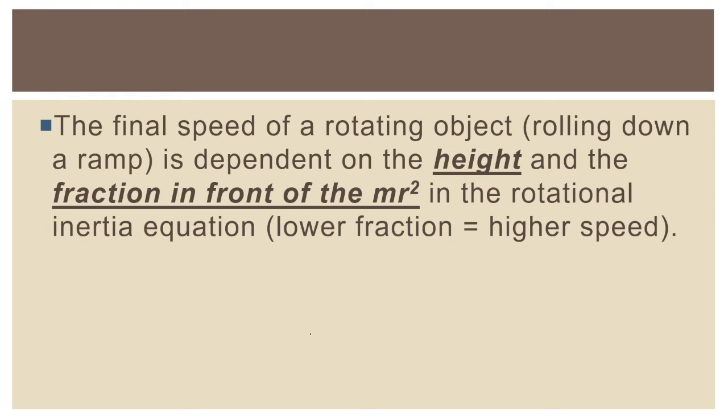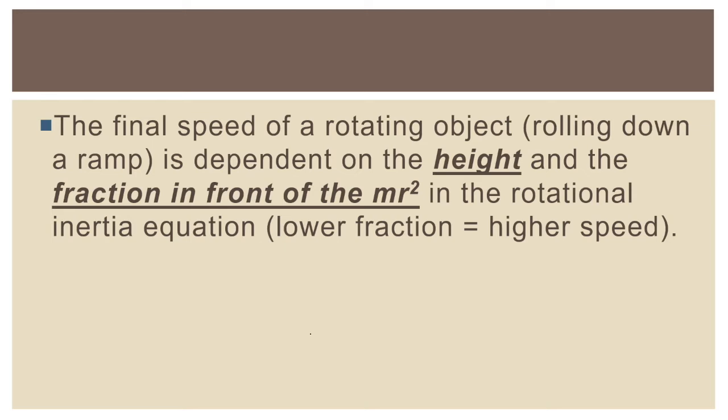What ultimately determines how fast it will be moving at the bottom of the ramp is that something, which the mr squared is multiplied by. As I wrote here also, what's very important to know is that if it's a lower fraction, that's going to end up giving the object a higher final speed. And that should make sense, because if the fraction is lower or smaller, then that means the rotational inertia is smaller, which means the object is easier to rotate and thus has a higher final speed.